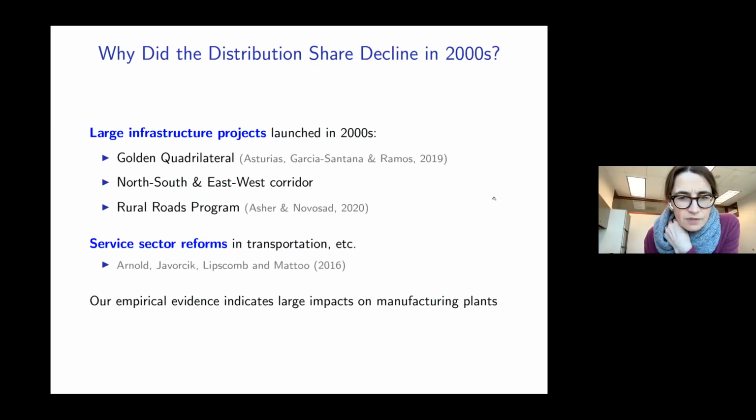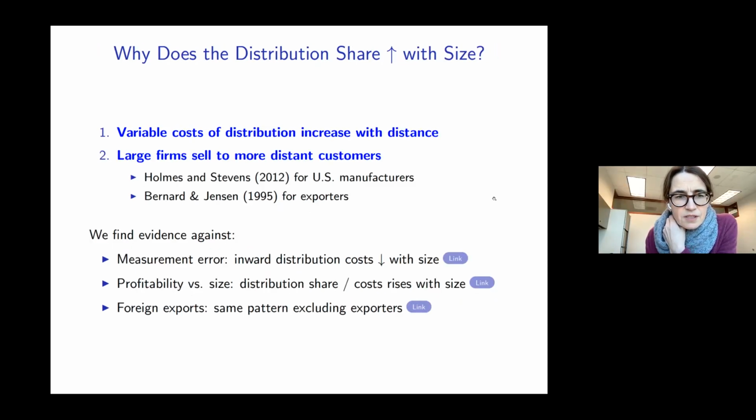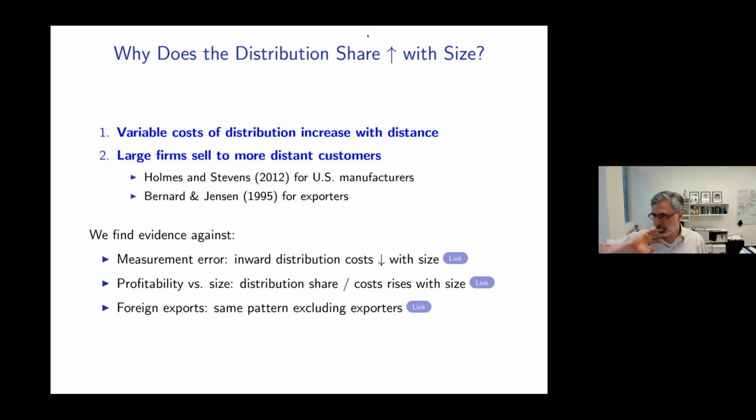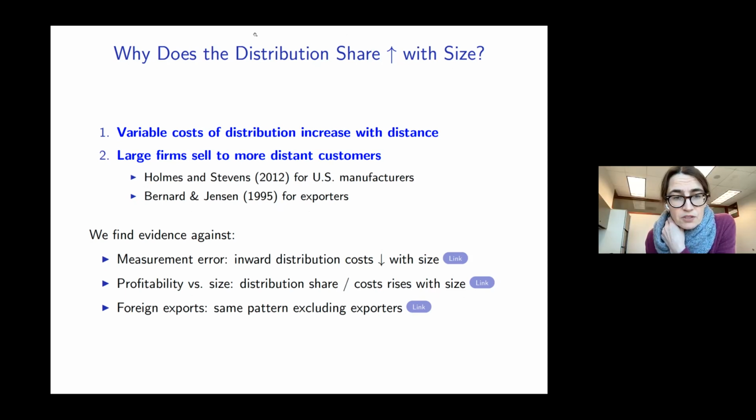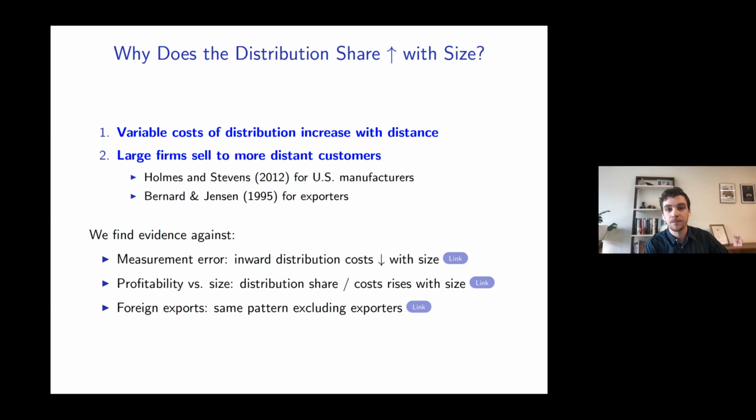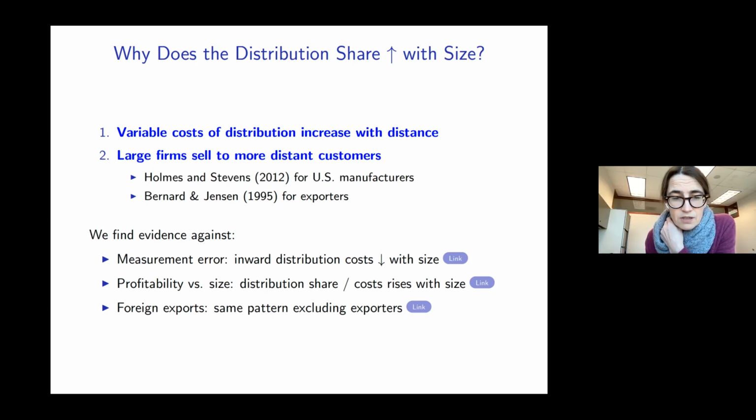There was some discussion in the chat. You're not capturing the component of the distribution cost that is paid by the purchaser. Is there any way to tell whether that varies systematically with size, and could potentially be accounting for at least some component of this relationship with size?